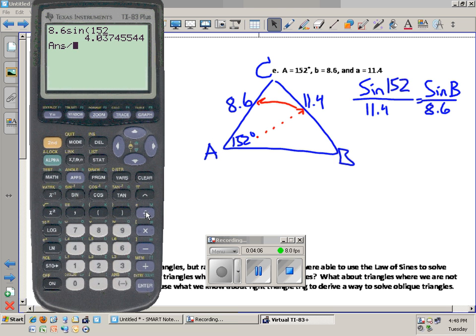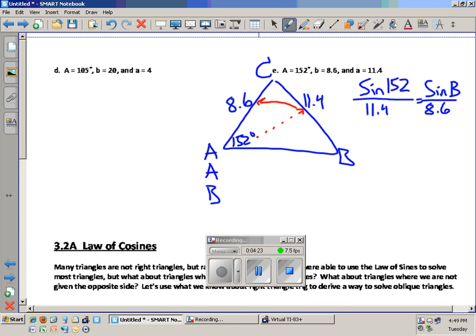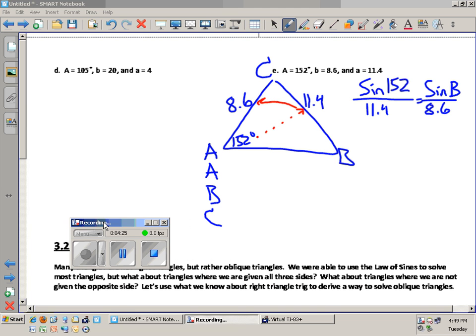I divide it by 11.4. And I'm going to take the inverse sine of that value. 20.74. Tells me that angle B is 20.74.